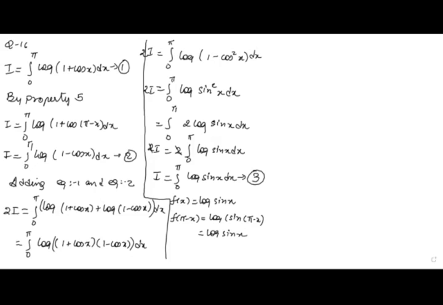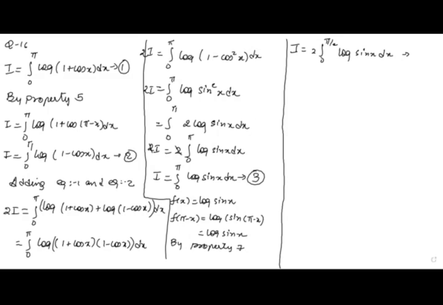So you can see that by property 7, if f of 2a minus x is the same as f of x, then I can write this same integration as 2 times the integral from 0 to pi by 2 of log sin x dx. Give this as 4.